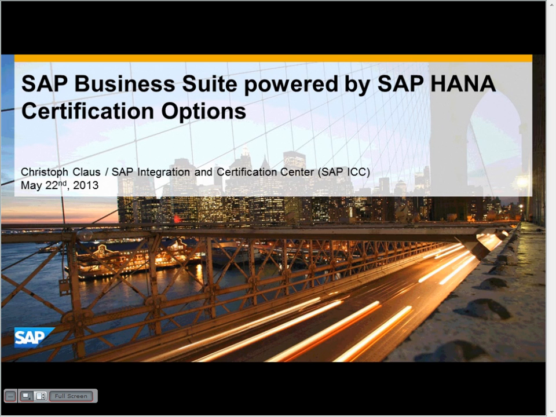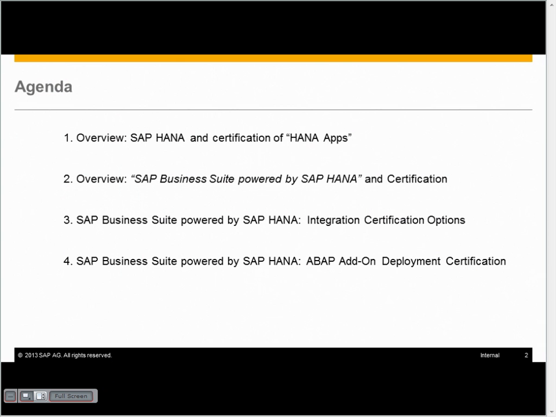Now let's have a look at the agenda of today's session. First of all, we will start with a very brief overview of SAP HANA and the possibility to certify applications that integrate directly with SAP HANA. After that, we will have, again, a very brief overview of the SAP Business Suite powered by SAP HANA and the certification options there.